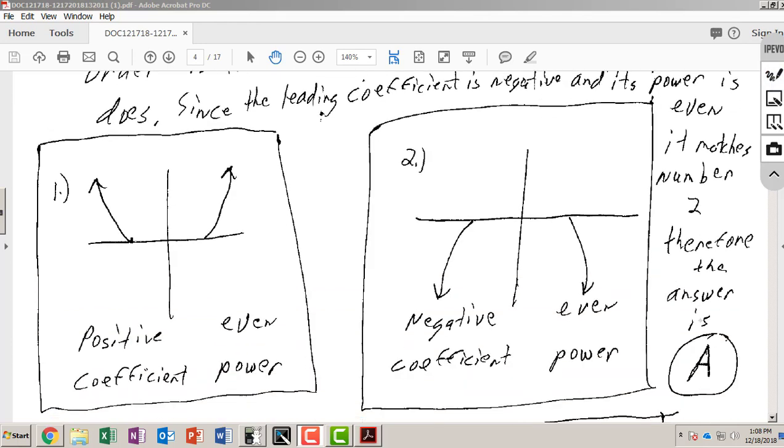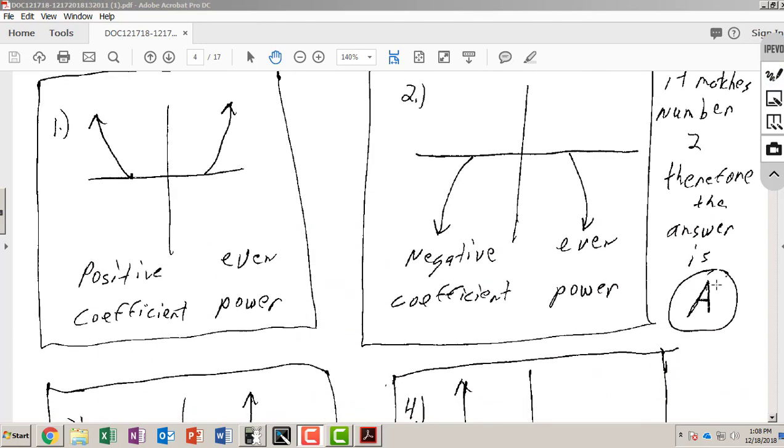So here's all the possibilities for your leading coefficient.